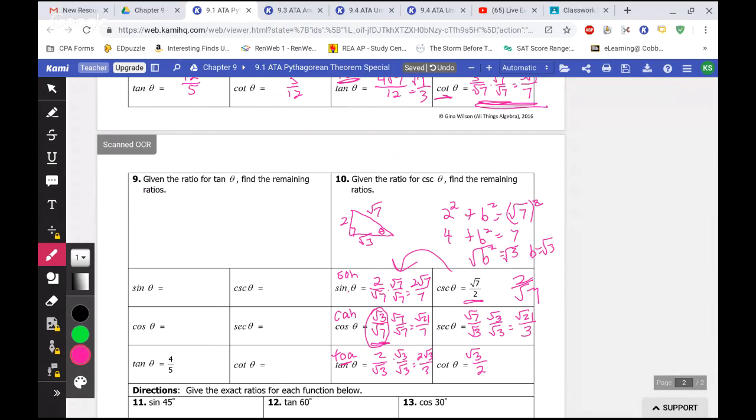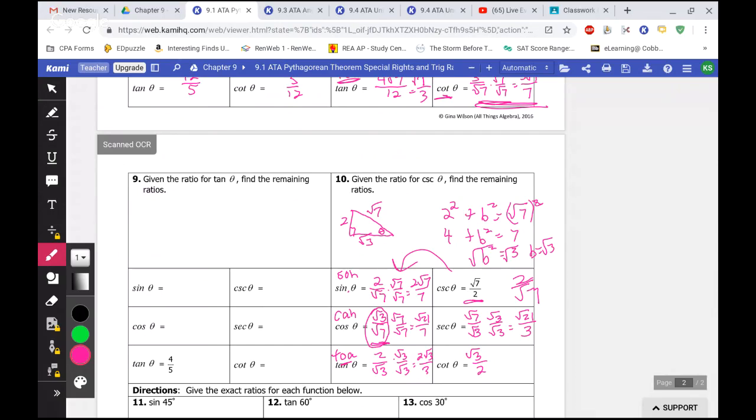Well, like for number 2 and 3 on the actual quiz, it says if tan theta equals 2/7, find the remaining trigonometric functions. So you'd put in 2/7 for tan.